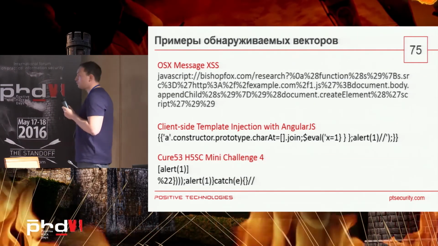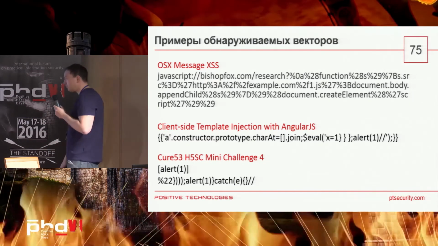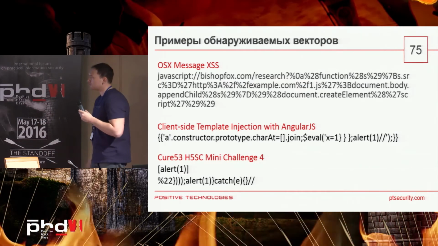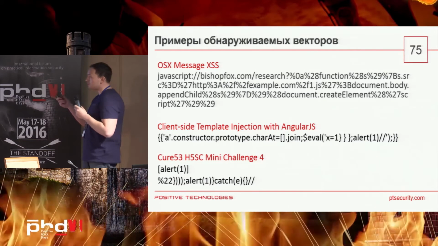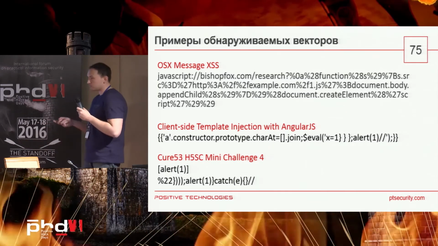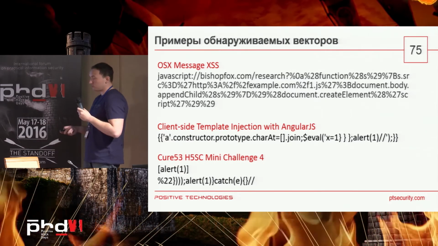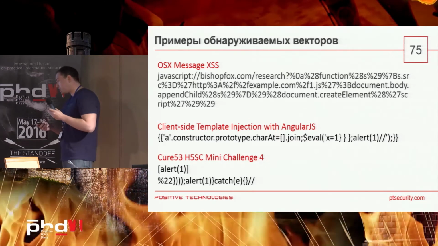So what does this approach allow us to identify? We've chosen vectors that were reported recently with different XSS. And by the way, this XSS is not only DOM-based, but also server-based XSS. In certain cases, we see overlaps, and we can identify server-based XSS.